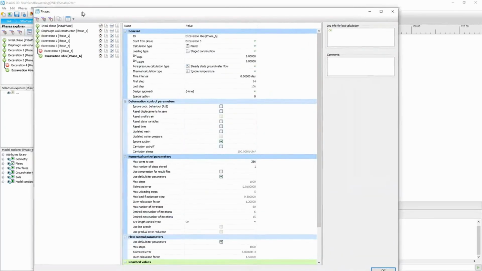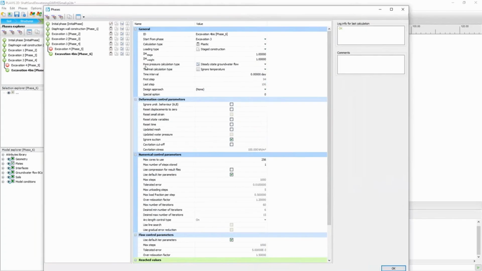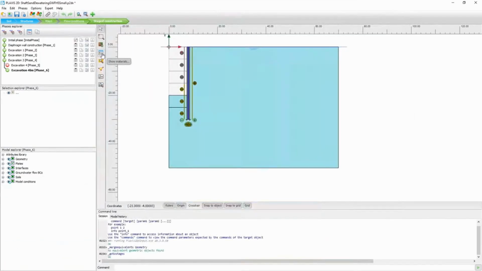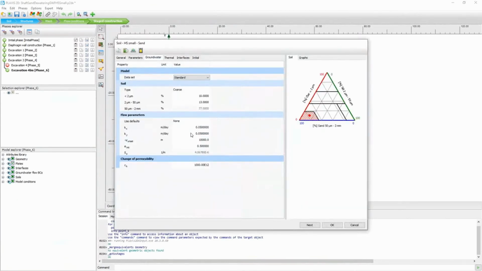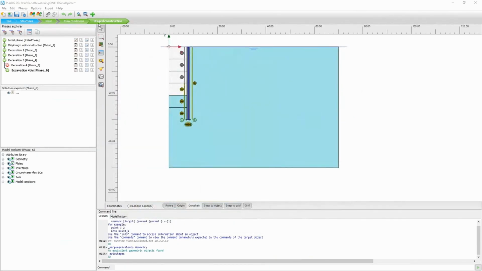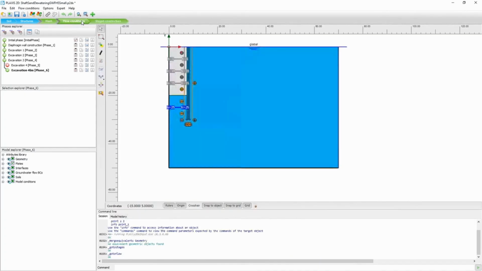So if I look into the phase properties, you see that under pore pressure calculation type, I have been using steady state groundwater flow instead. Next to that, I have also been providing for the sand the corresponding properties in terms of permeability here, as well as boundary conditions. And boundary conditions are better to see and to define in the flow condition mode.